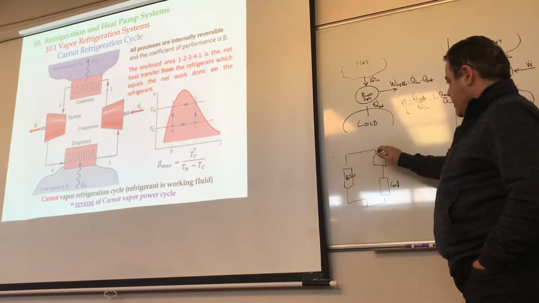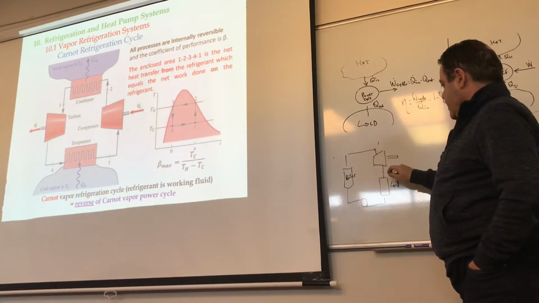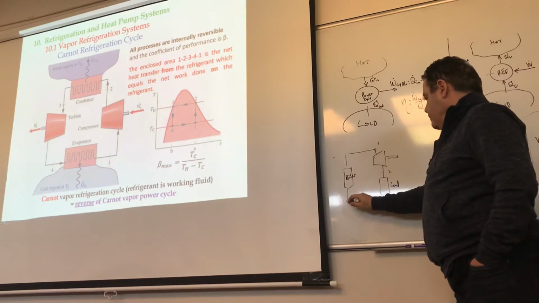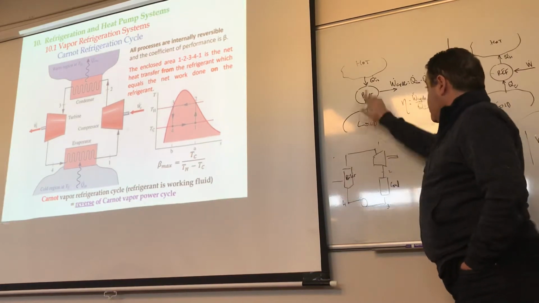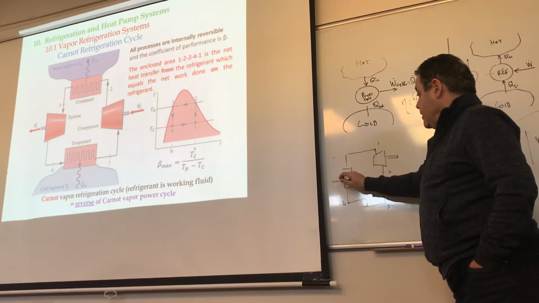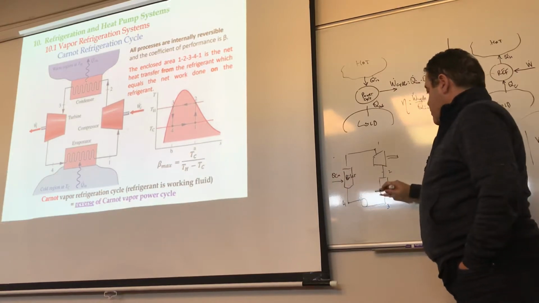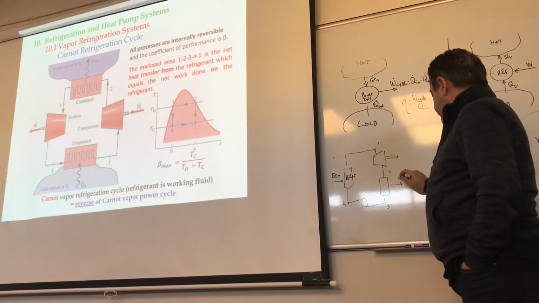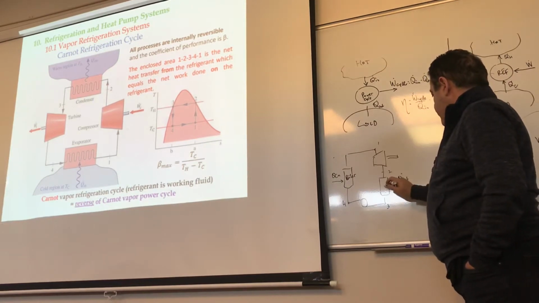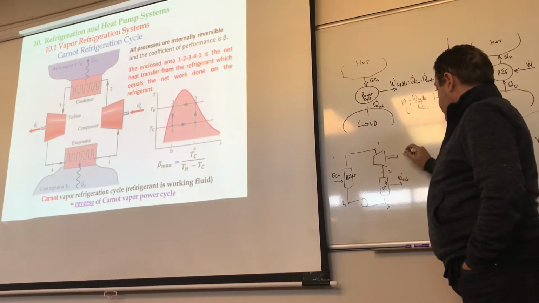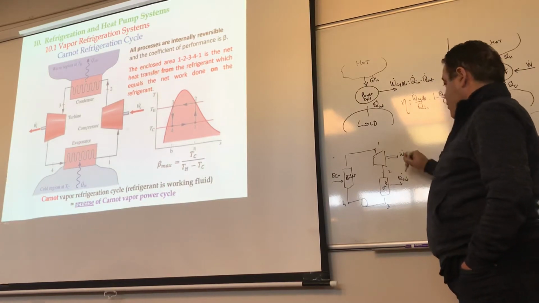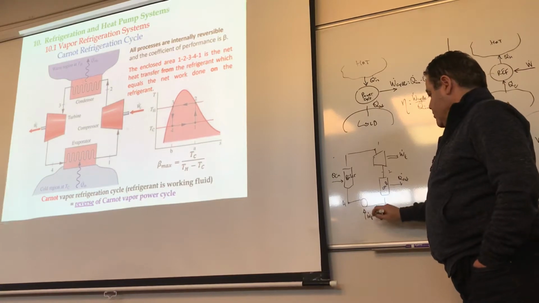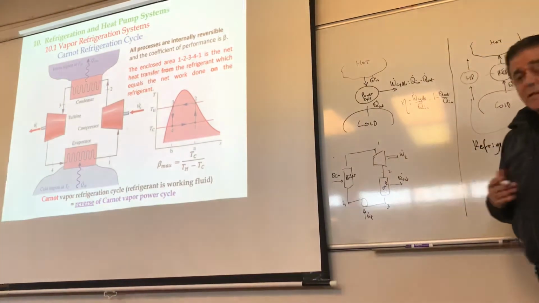And remember, state 1 is this state. 1, 2, 3, and 4, right? And then this is where the Q in is occurring, right? And this is where the Q out is occurring. Okay, so this is the condenser, and this is WT. This is the work of the turbine. This is the work consumed by the pump, right? So that the net work is WT minus WP.